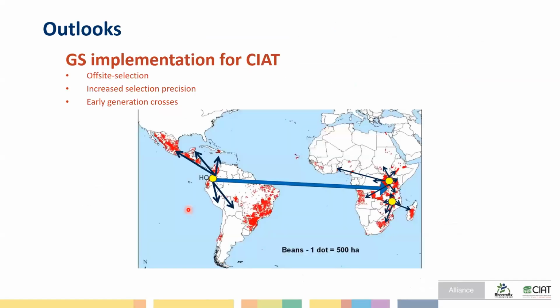Our outlook at CIAT is the implementation not only at CIAT headquarters in America, but also to take the information to Africa, to the other sections in Africa, and generate more information for feedback into the data for genomic selection of the bean breeding program.